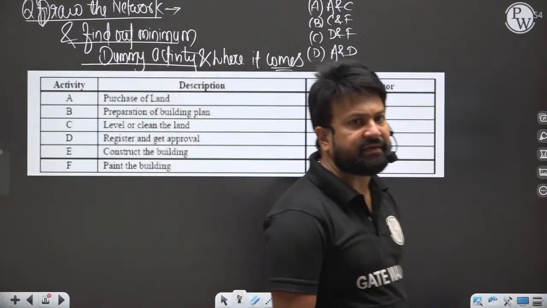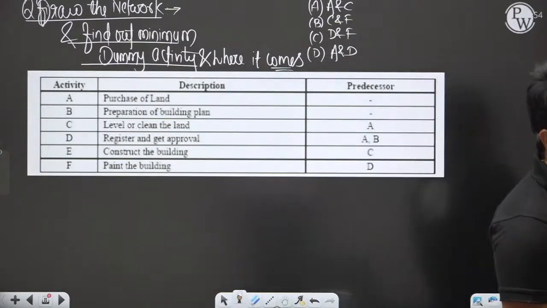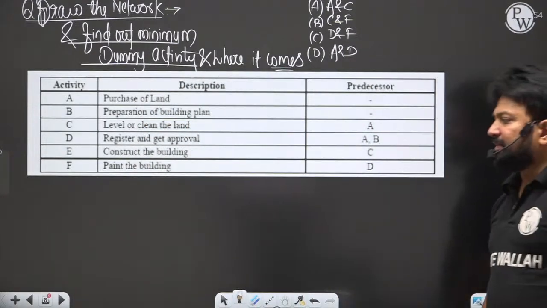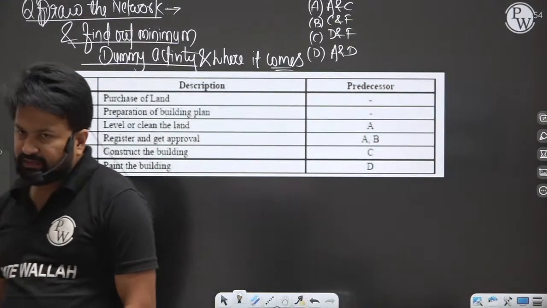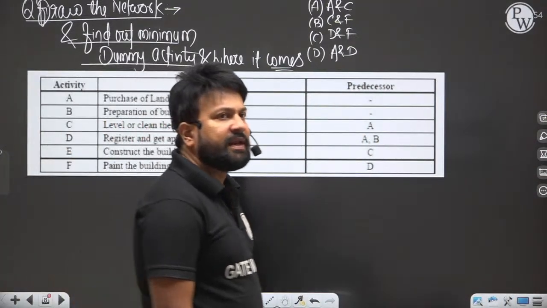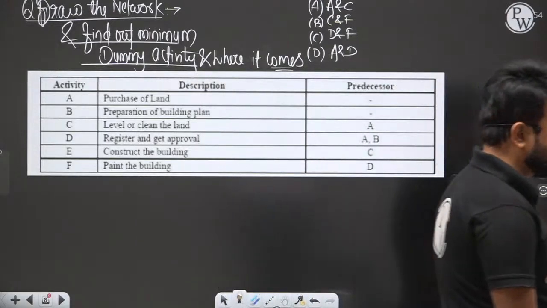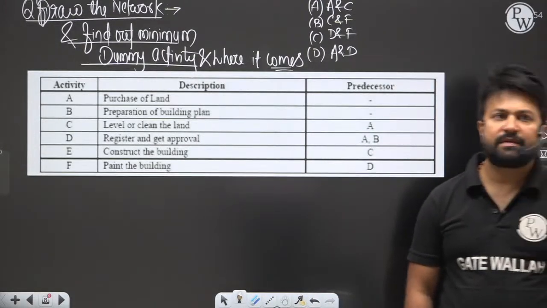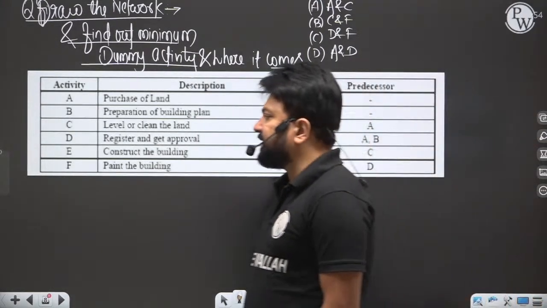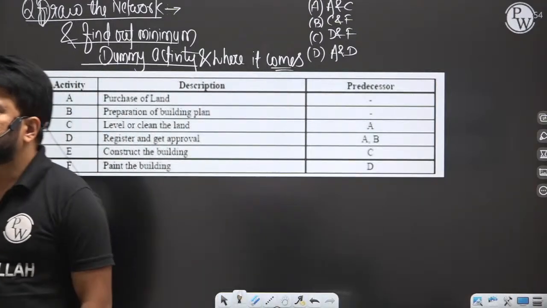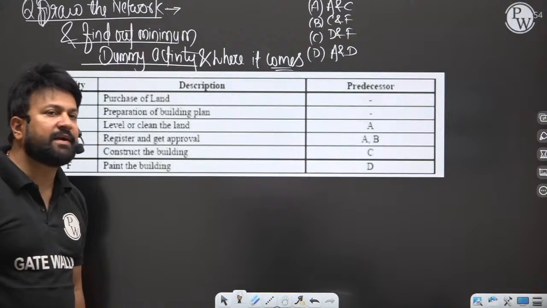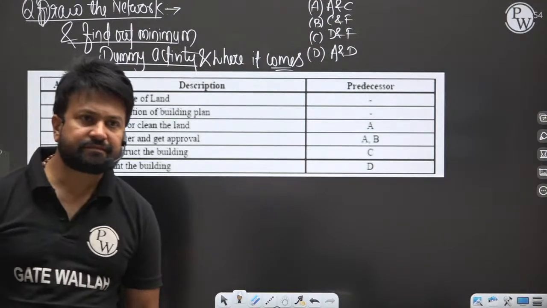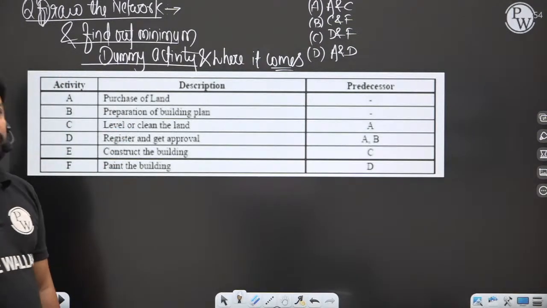Minimum number of dummy activity, first of all. According to you, how many dummy activities are there? 1, 2, 3, 4, 5.